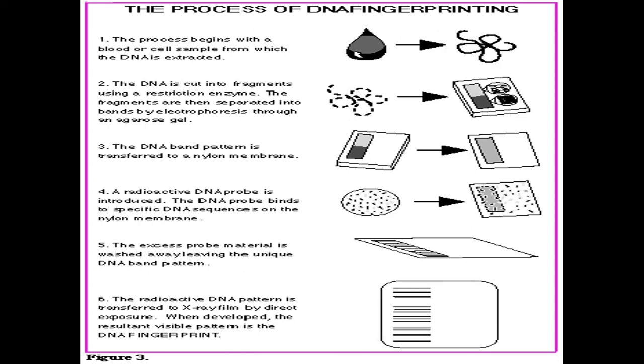So an X-ray is taken of this pattern. When developed, the resultant visible pattern is the DNA fingerprint. So in this last number 6, you can see a pattern is visible. This is the unique DNA pattern of that suspect or criminal.